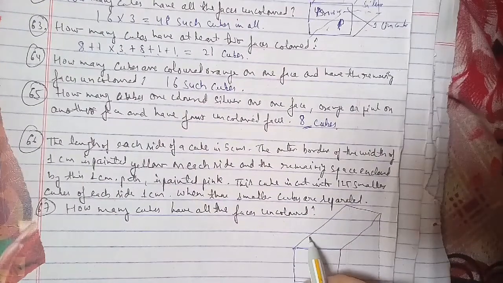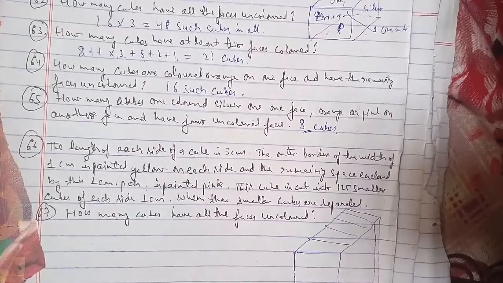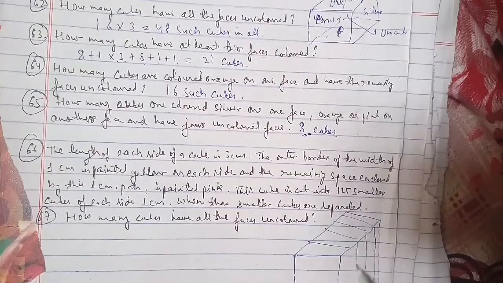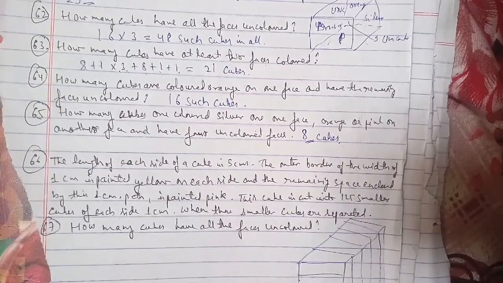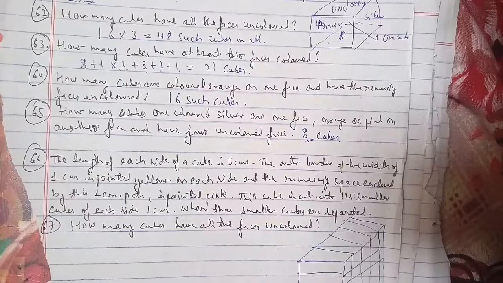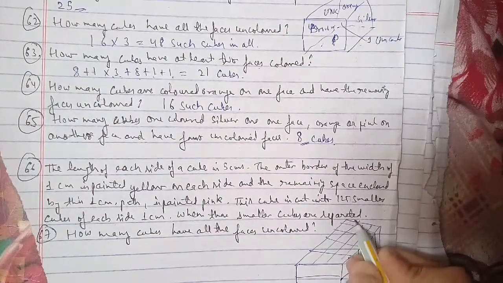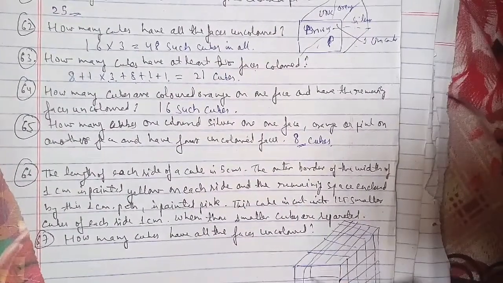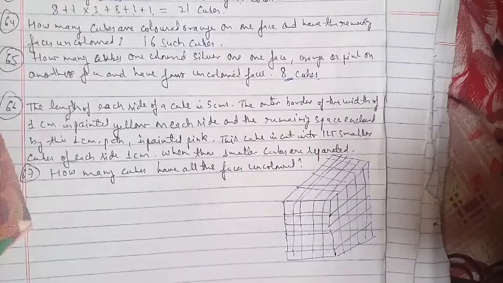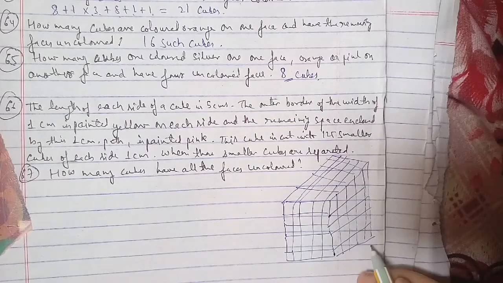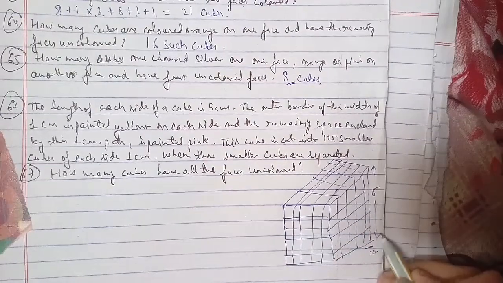This will be sort of like this, that is 1, 2, 3, 4, and then 1, 2, 3, 4. This is represented here with the figure. This side is 1 centimeter and this is 5 centimeters.